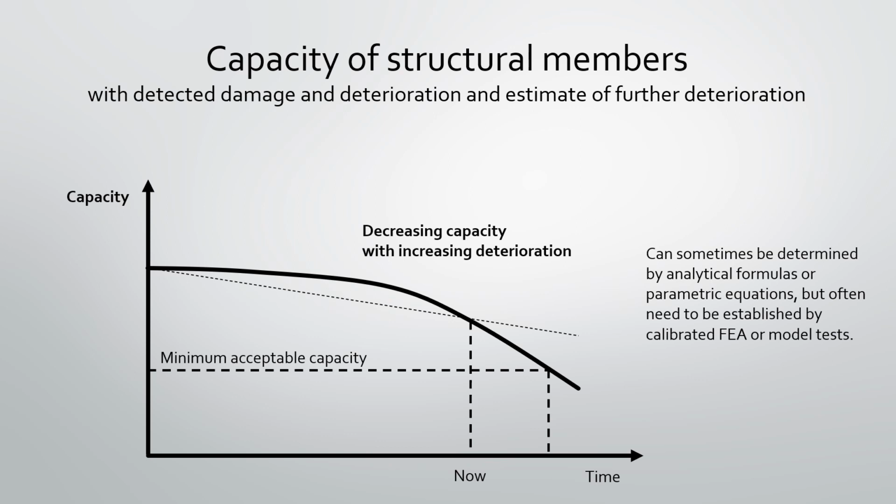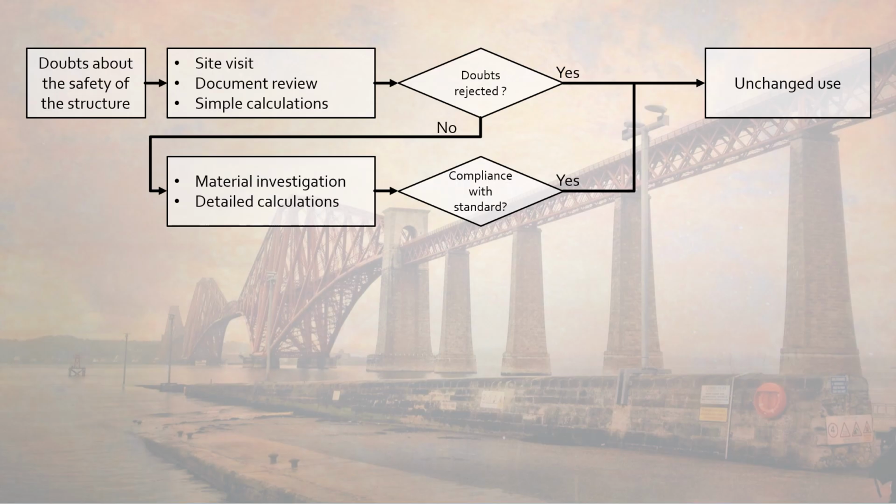It is worth noticing that the degradation may not be linear with time. As a result, finding results of earlier inspections can be vital to predict the expected degradation in the life extension period. Based on these investigations and calculations, we should check if the structure now complies with relevant standards. If it does, we may conclude that the structure can continue to be used unchanged.